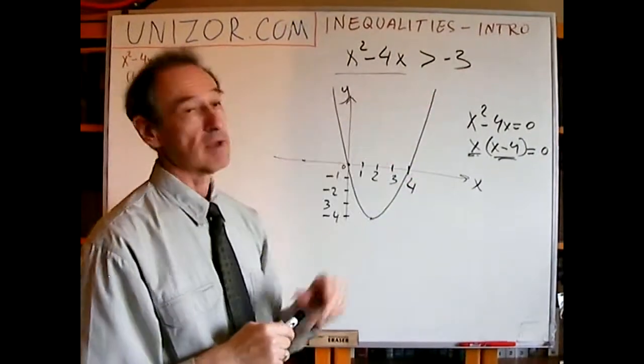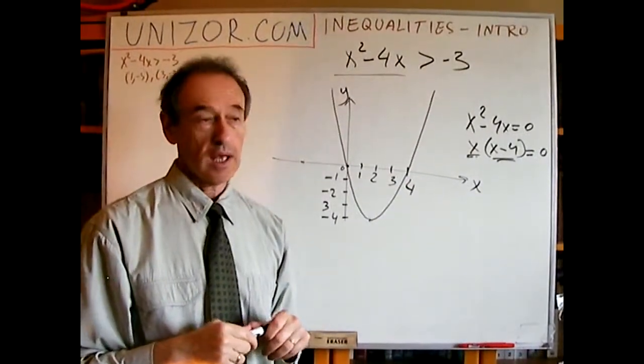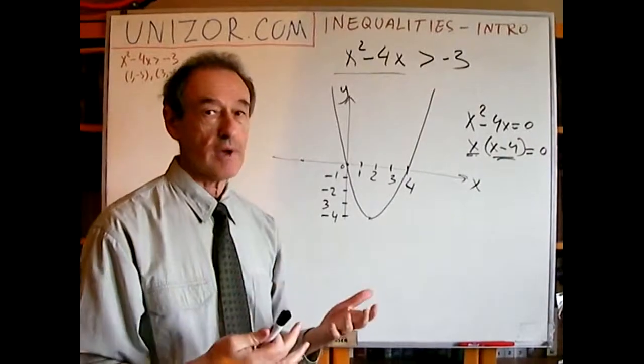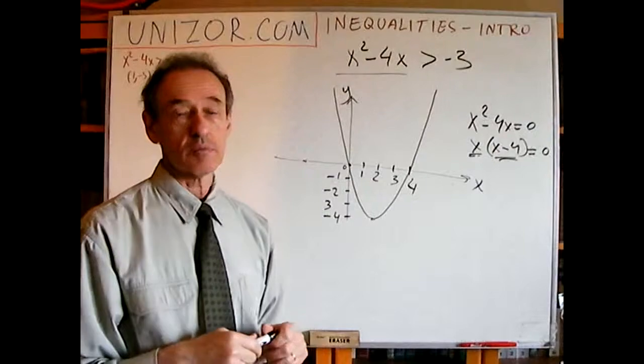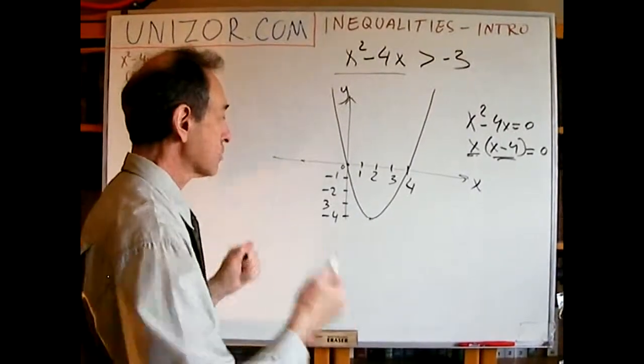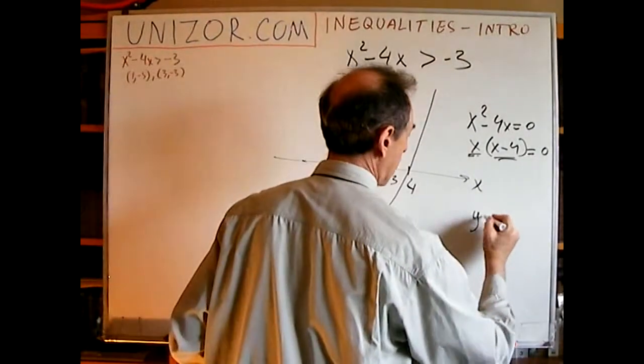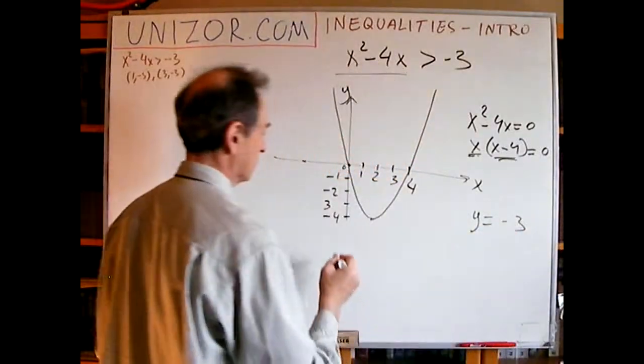Now on the right we have a constant minus 3, and we have to find those values of the argument when the function would be greater than minus 3. Well, let's draw a line y is equal to minus 3, which is here.